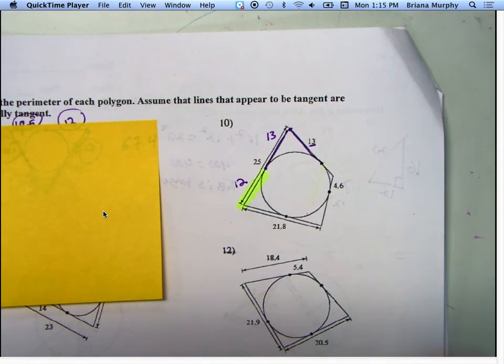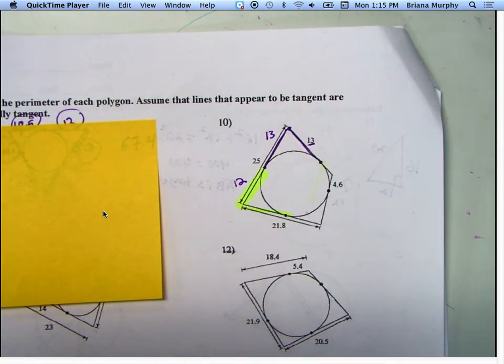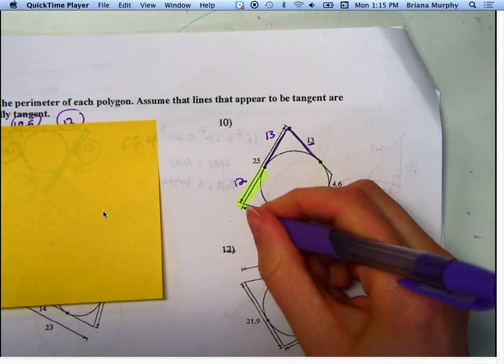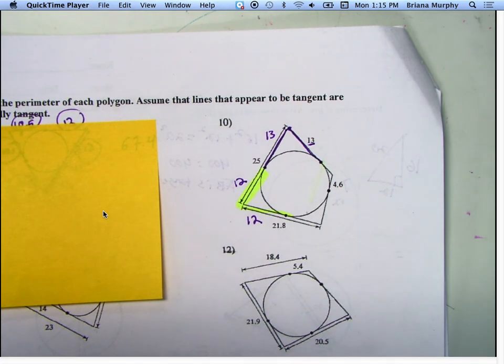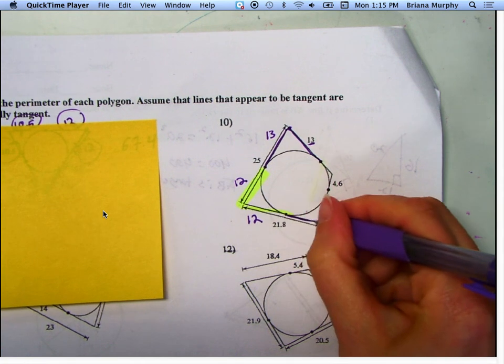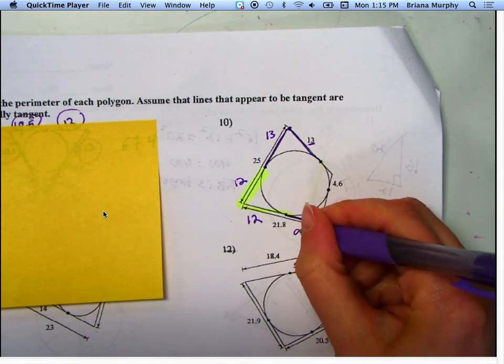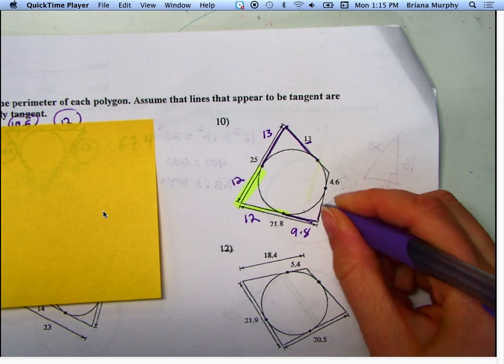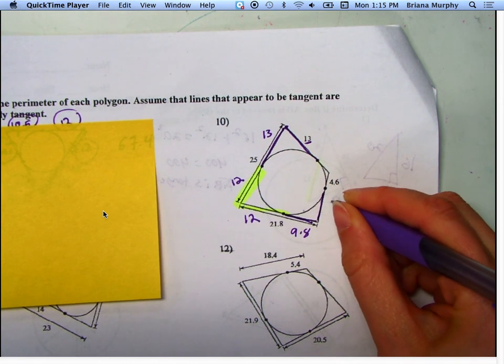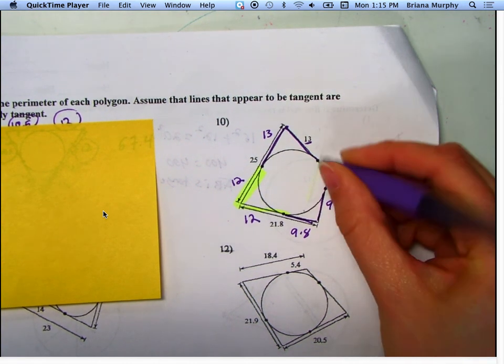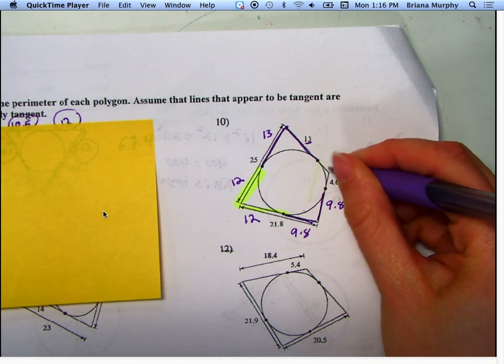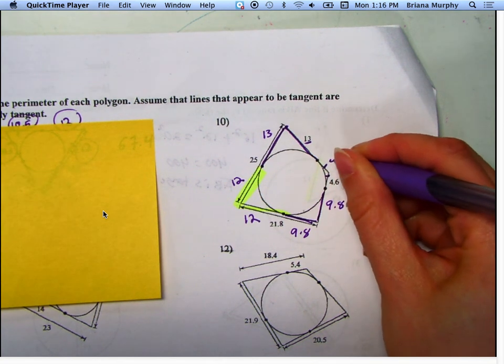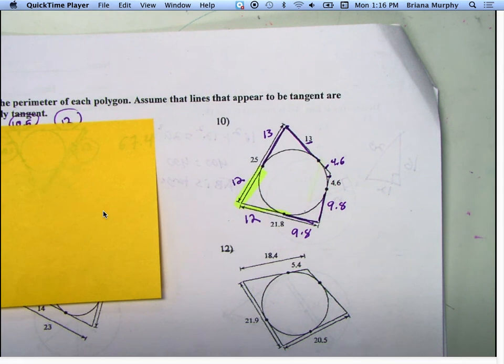Which means this length right here also has to be 12. So this length from here to here must be 9.8, because 21.8 minus 12 is 9.8. So this is also 9.8. This little piece right here at the end is 4.6, so this must be 4.6.